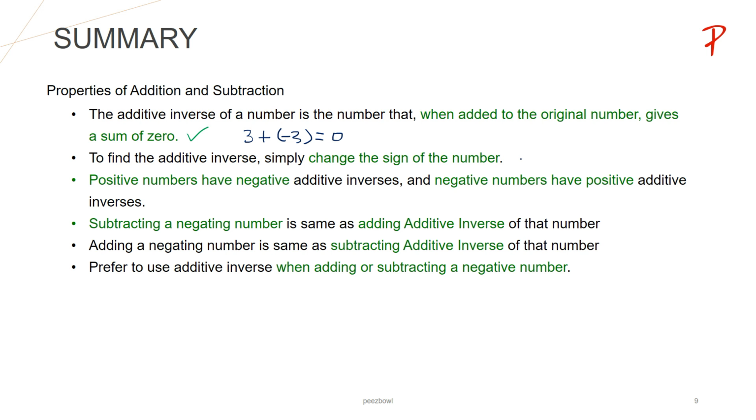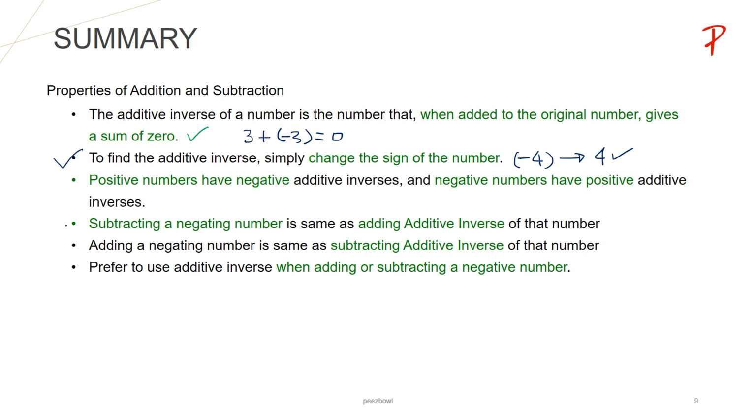To find additive inverse of minus 4, we simply need to change its sign from minus 4 to plus 4. This is the additive inverse of minus 4. Positive numbers have negative additive inverse and negative numbers have positive additive inverse. We only need to change the sign of the number.